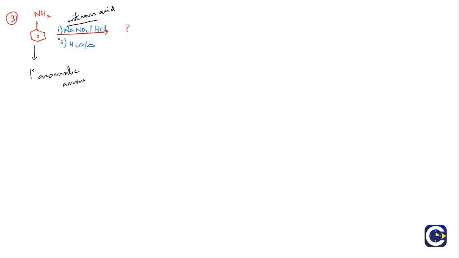In the first step, the primary aromatic amine reacts with nitrous acid, and in the second step we are hydrolyzing the product we get in the first step. This is one more method of preparation of phenols, the preparation from diazonium salt.